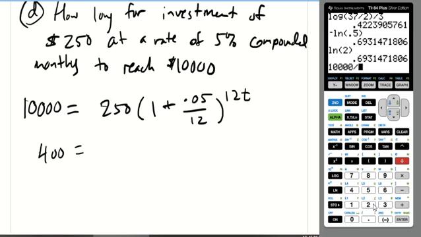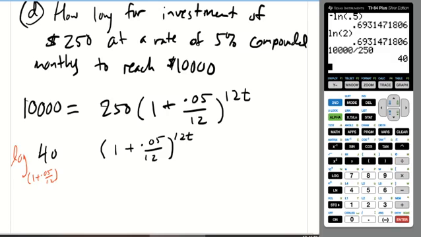Leave myself enough space. Base 1 plus 0.05 over 12, all raised to that same amount. So it goes away.